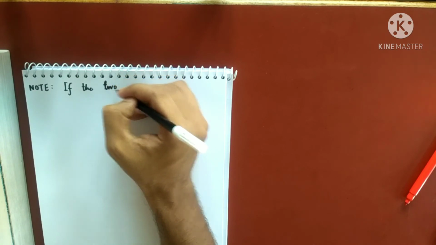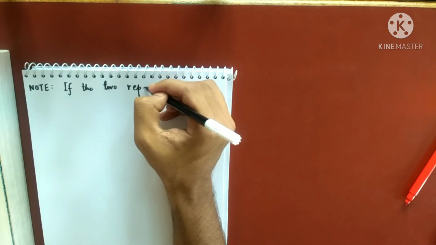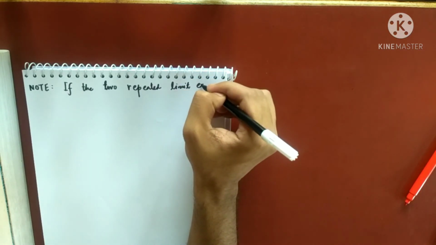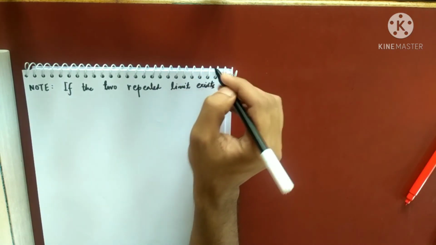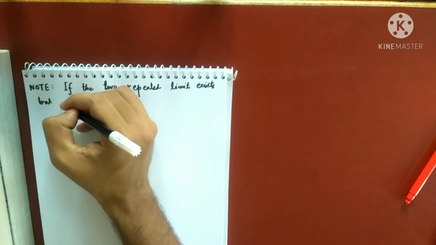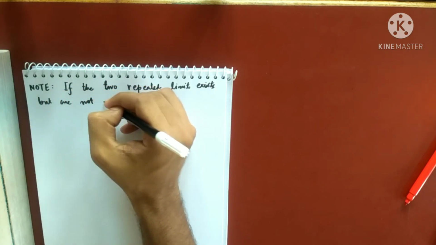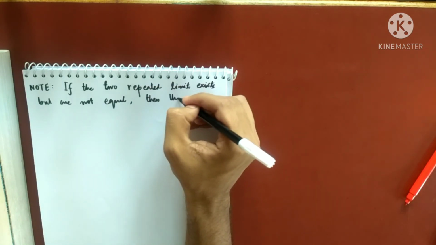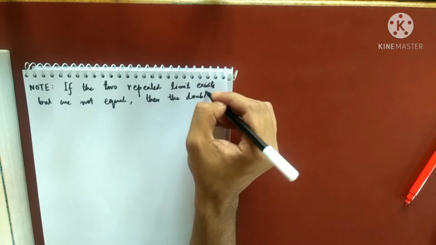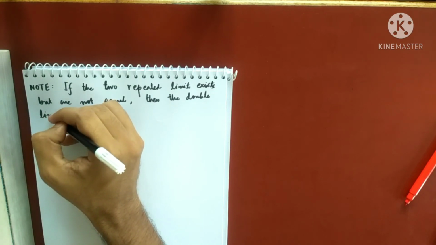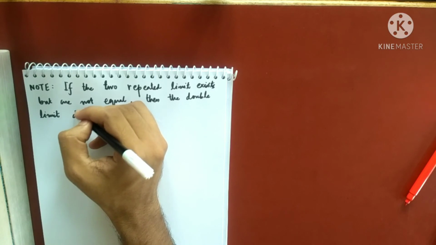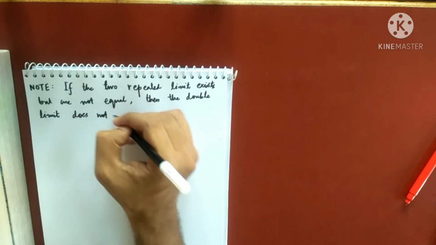If the two repeated limits exist but are not equal, then the double limit will not exist. Why this happens, I'll tell you.